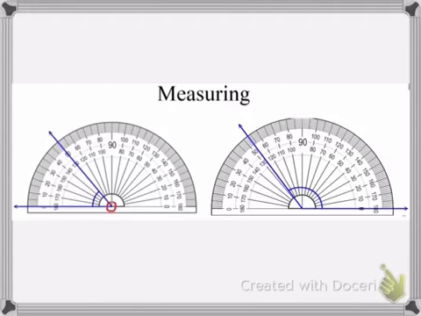So this one on the left, we see that it's starting on the left and it's going up. And here I see 50 and I see 130. And then we ask ourselves, well, what makes sense? I look at this angle and I can tell by looking at it that it's an acute angle. It looks small. So that means it cannot be 130. Acute is less than 90. It has to be 50 degrees.